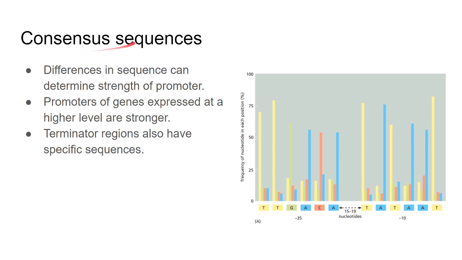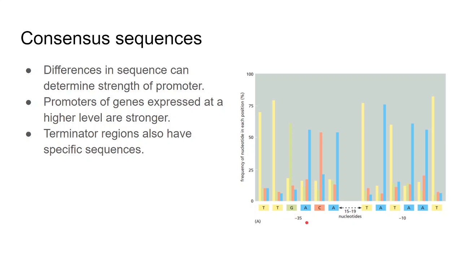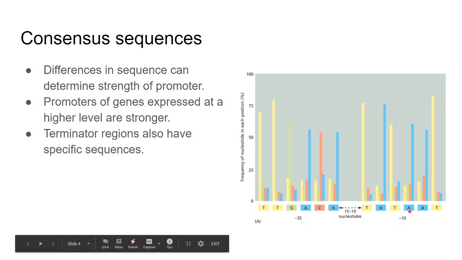Anyway, so consensus sequences. There are certain sequences that occur in the transcription start sites at the minus 35 and minus 10 end of the transcription start site. So this is minus 10 and this is minus 35. The minus 35 signifies that it's farther away upstream of the transcription start site, and minus 10 is a bit closer.